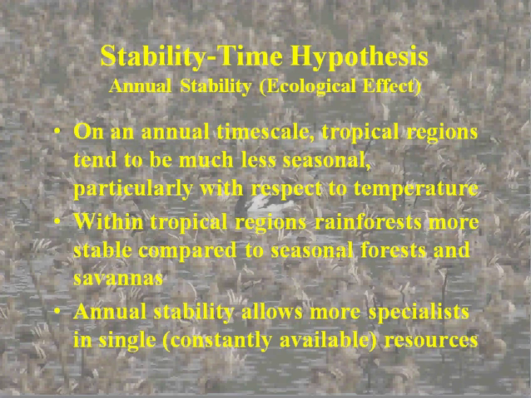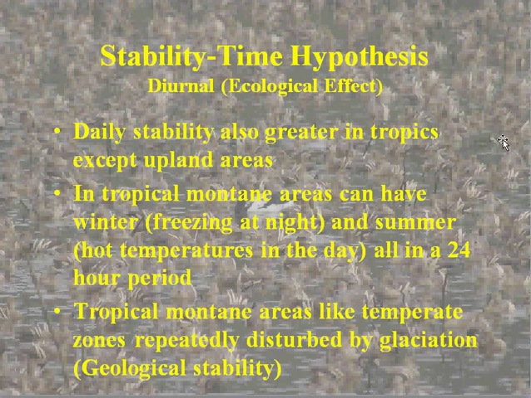Now let's move on to diurnal stability. This again is an ecological effect which has come into being from the end of the last ice age. Daily stability is also greater in the tropics, except in upland areas.